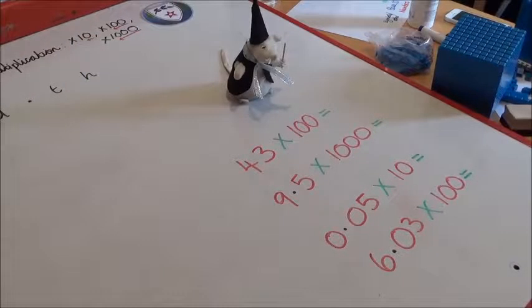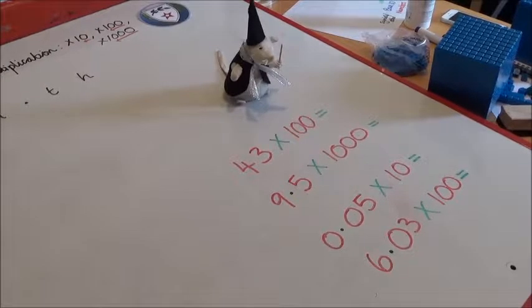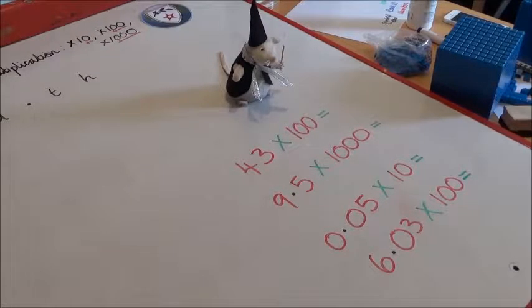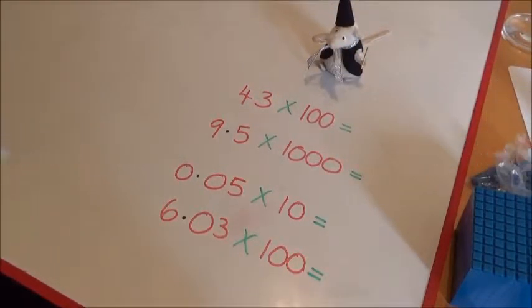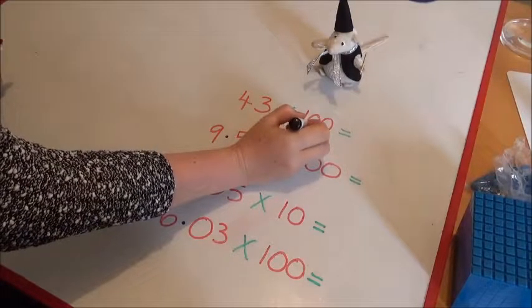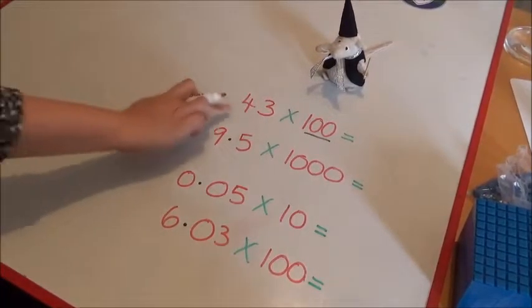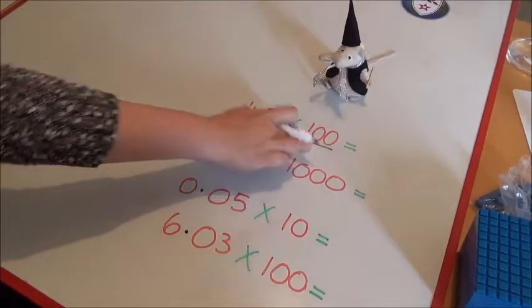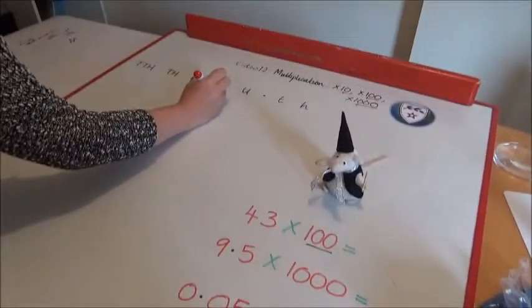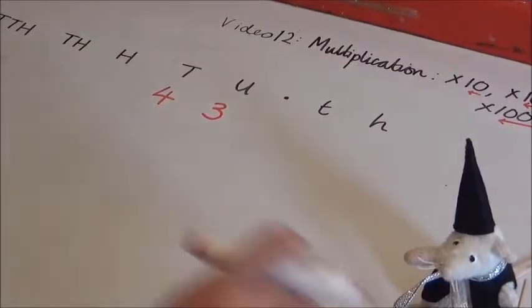Okay, have a look at these calculations that Magic Merv has given you. We're timesing by 10, timesing by 100 and timesing by 1,000. Pause the video and we'll go through the answers together. So let's have a look at these. So the first one, we're timesing by 100, so we're going to move it up 2 places along the place value position. So I've got 43 times 100, going to move it up 2 places.